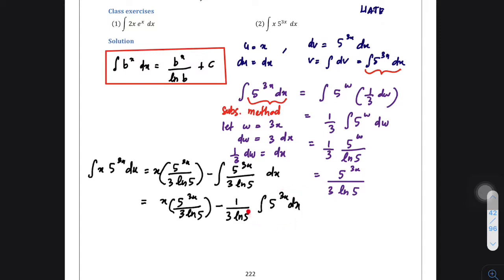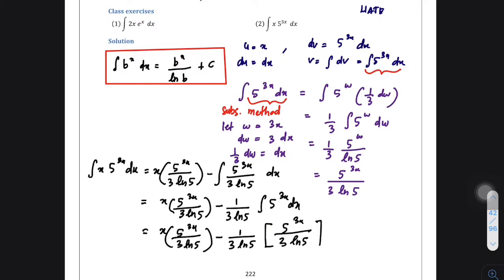This integral is repeated from just now. By using the substitution method, at the end you get the answer 5 power of 3x over 3 ln 5. So we substitute it here: x times 5 power of 3x over 3 ln 5, minus 1 over 3 ln 5 times 5 power of 3x over 3 ln 5, and then plus c.